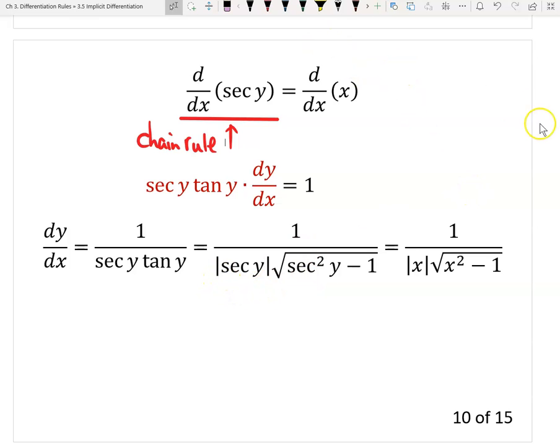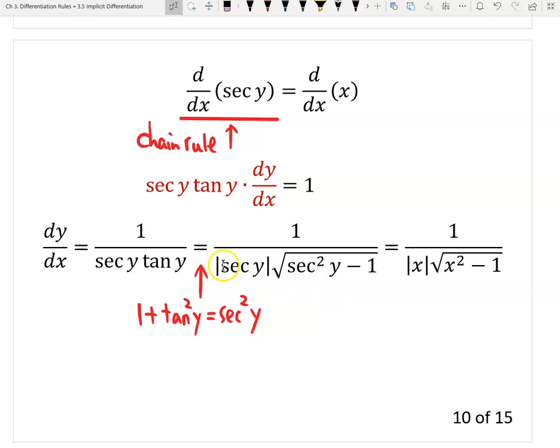We used that before. Okay, so let me write it down. This Pythagorean is here. 1 plus tangent squared y equals secant squared y, the second type of Pythagorean you learned from trigonometry. Can you see? So tangent y is either positive or negative square root of secant squared minus 1.